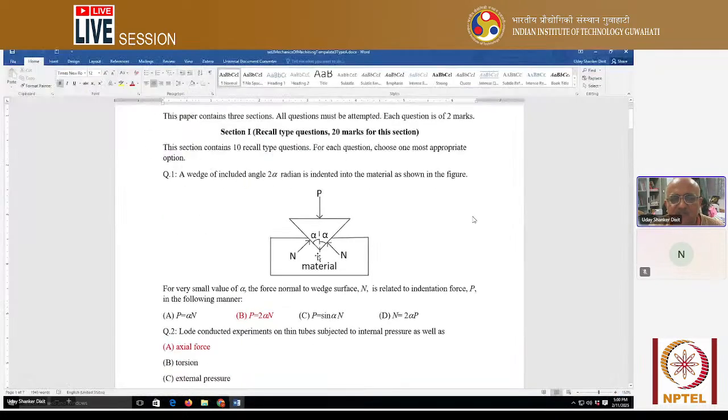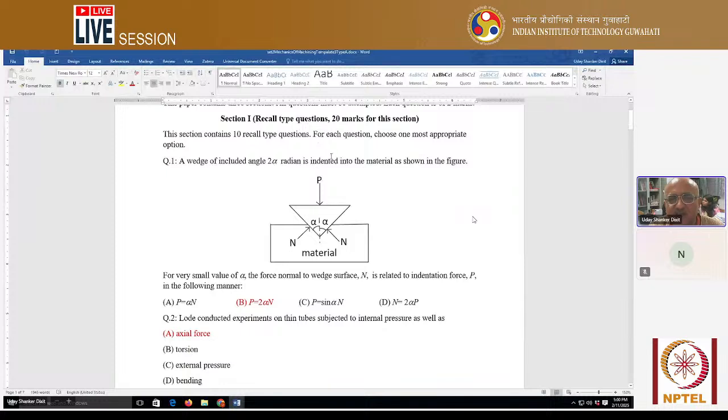Suppose a wedge of included angle 2 alpha is indented into the material as shown in the figure, for a very small value of alpha. The force normal to the wedge surface N is related to the indentation force P in what manner? Actually P is equal to 2 sin alpha into N, but a little bit of twisting has been done.